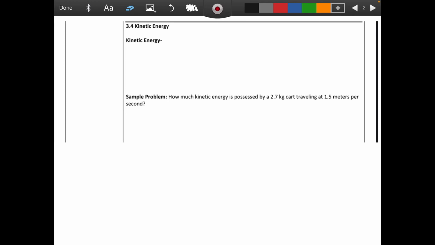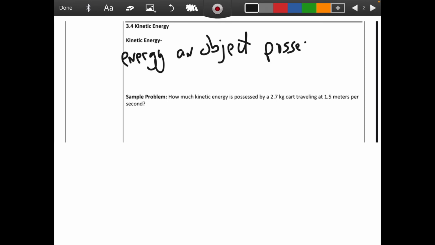When we think back to kinetic friction, that's the friction due to the sliding of an object across a rough surface where static is not moving. So kinetic energy, we're going to keep the definition really simple, and we'll just say energy an object possesses due to motion.